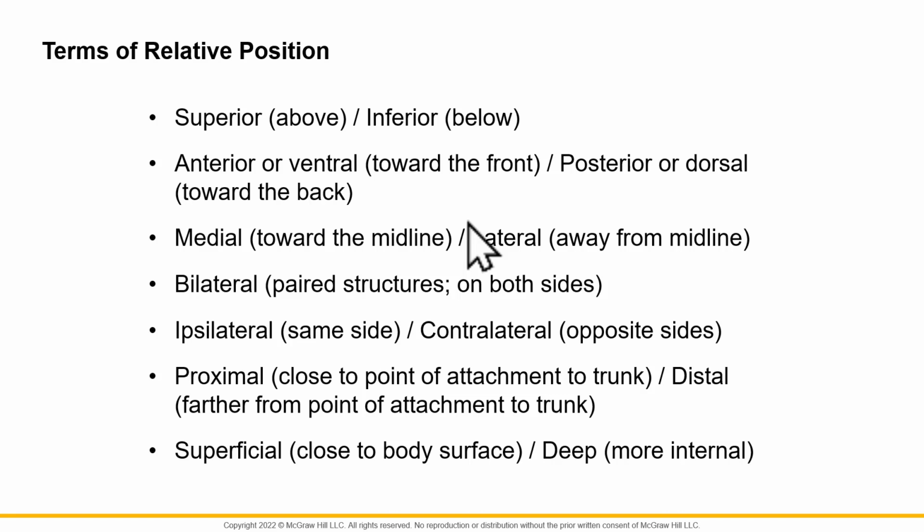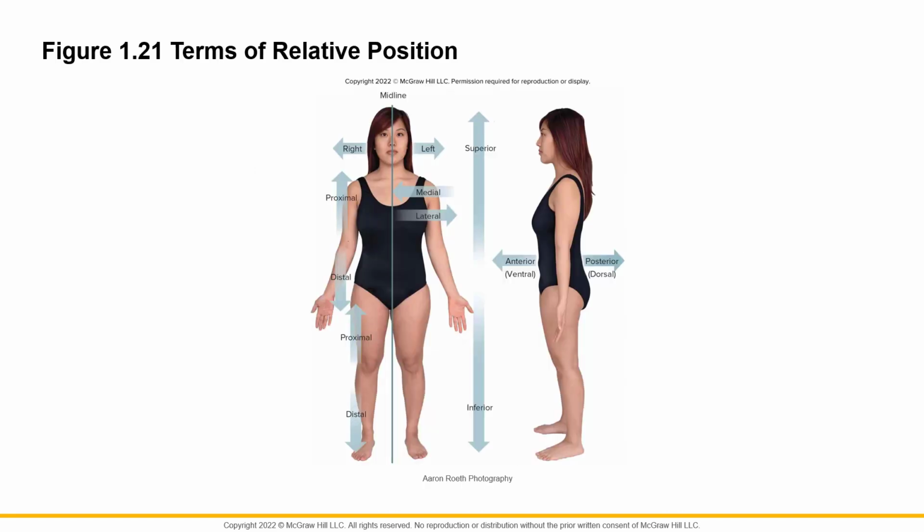Superficial, deep. The surface of something, superficial, the deeper into the body itself. All right, so we can see this by looking at this. Here's our midline. This is again our left side, because we said it's in anatomical position. She is in anatomical position. This is the left side. This is the right side.